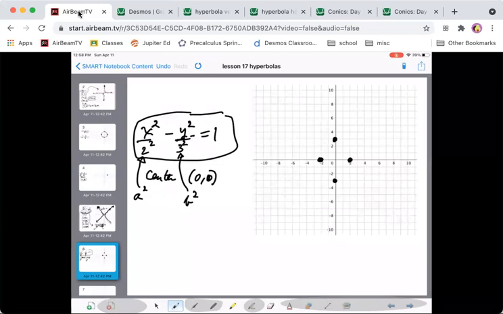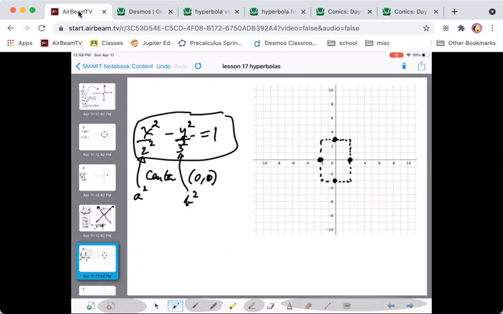Now, here's the way we draw it. Instead of joining these 4 points to make an ellipse, I want you to make vertical and horizontal line segments to produce this rectangle, this dotted line rectangle.